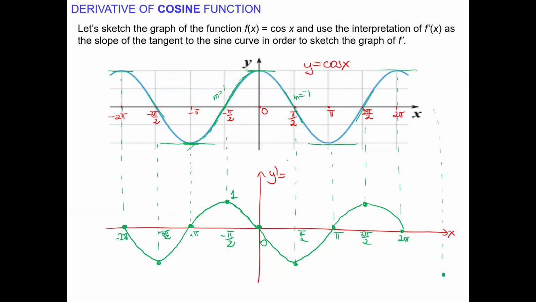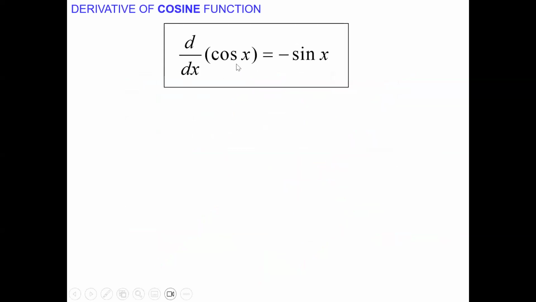And flipped means that we will put a negative sign for the transformation. Sine of x with the negative sign. Another formula: derivative of cosine of x with respect to x is negative sine of x. Another formula to remember.